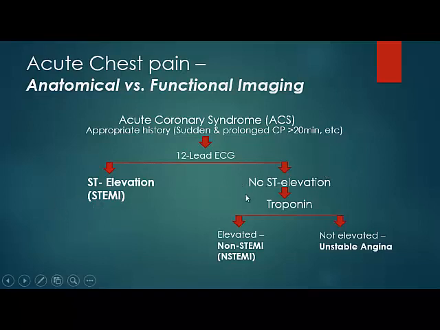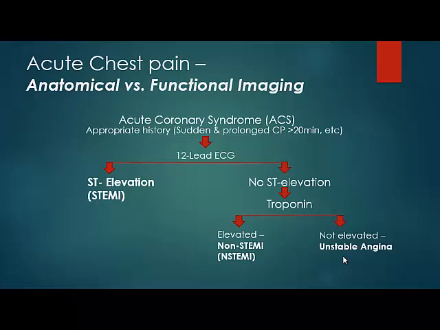If the ST is not elevated but shows non-specific changes or is normal, then patient could be taken to an A&E, have troponins measured over several hours. If troponin is high, that chest pain is labeled as non-STEMI, and if there is no troponin, then that ACS is called unstable angina. So this is the current definition of acute coronary syndromes, chest pains for last few years now.